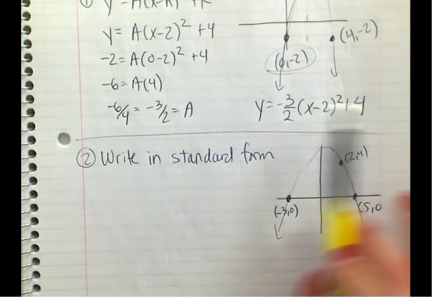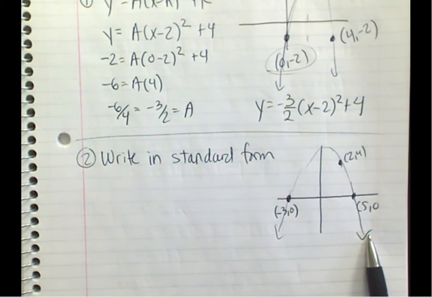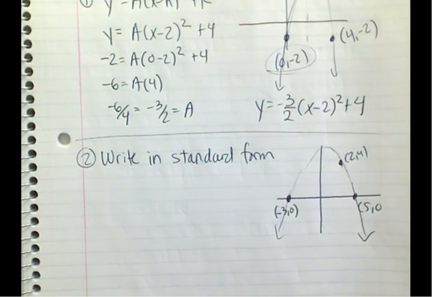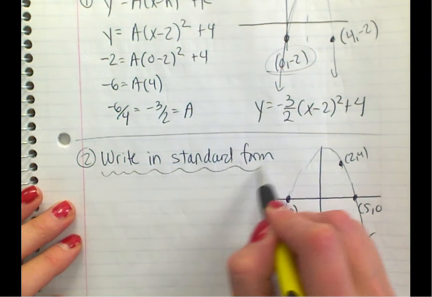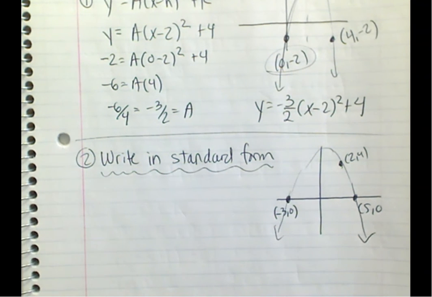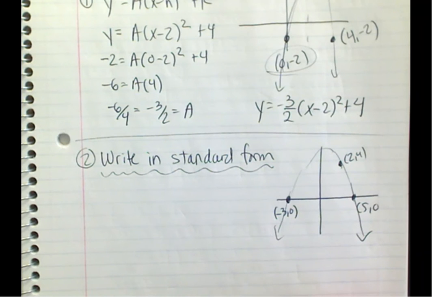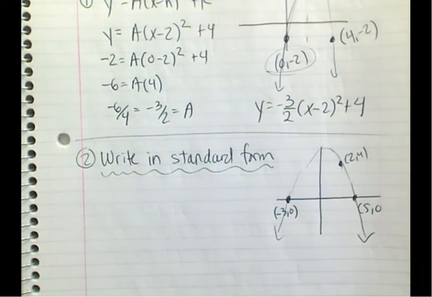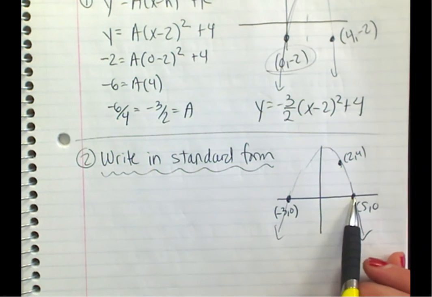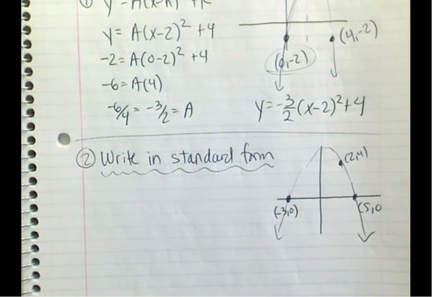What information do you have? The x-intercepts. Regardless of what I just said, you need to write the equation with the information that's given to you, and then convert it to standard form. I already have P and Q, guys. If you already have P and Q, you only have A left to find.